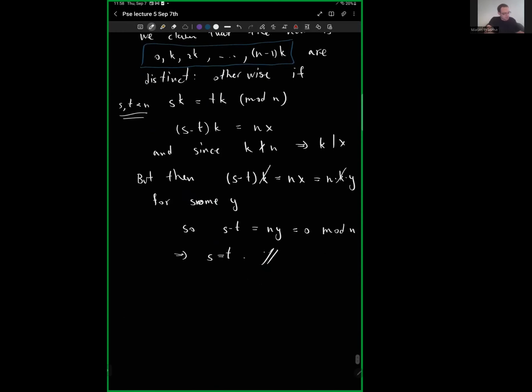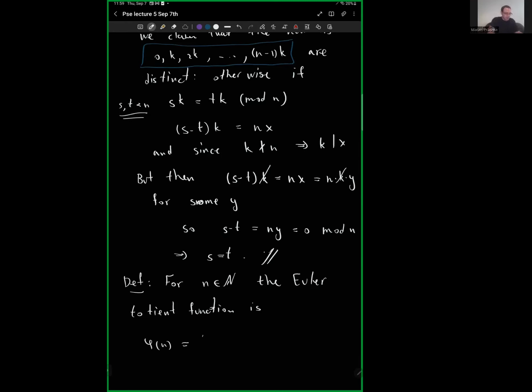And let me make a definition. For n a natural number, the Euler totient function is denoted as phi of n.